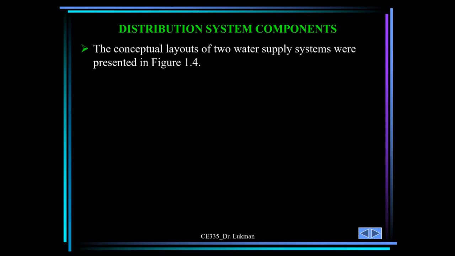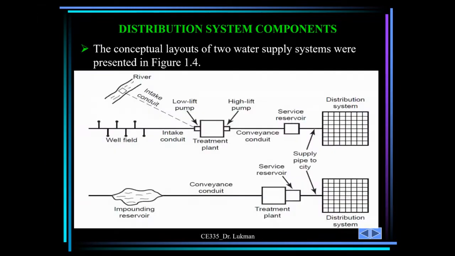If you remember, this is from chapter 1, where we discussed water resources development. Okay. And these are the distribution system components. The figure presents the conceptual layouts of two water supply systems.